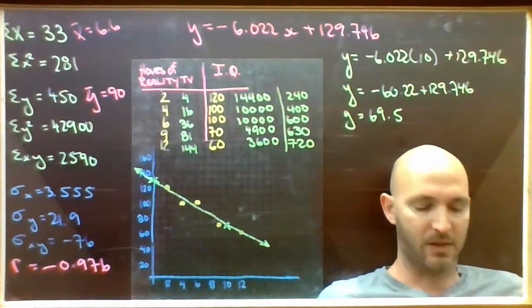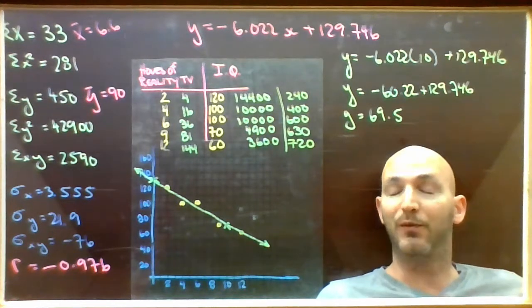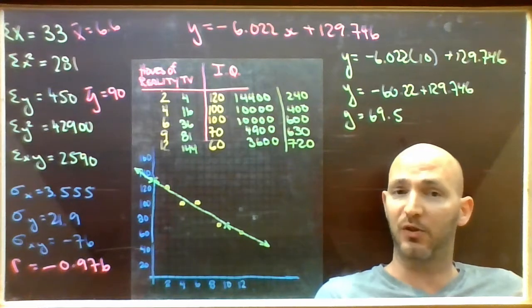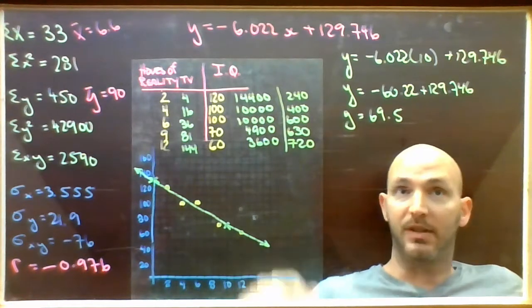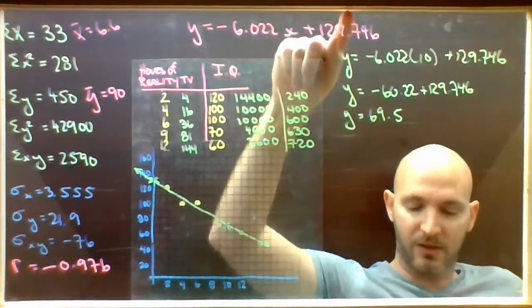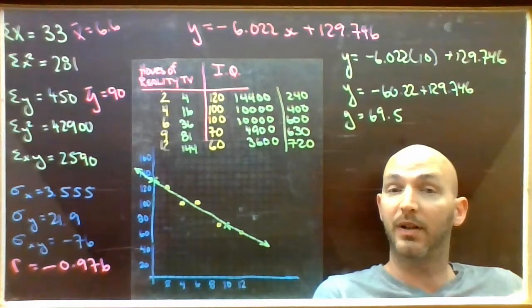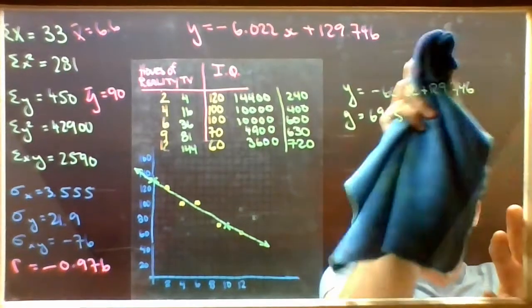All right, so what have we learned from this very rigorous study on time watching TV versus your IQ? Well, it would seem that from this y-intercept that a typical person starts with an IQ of almost 130. Let me just jot that down there.